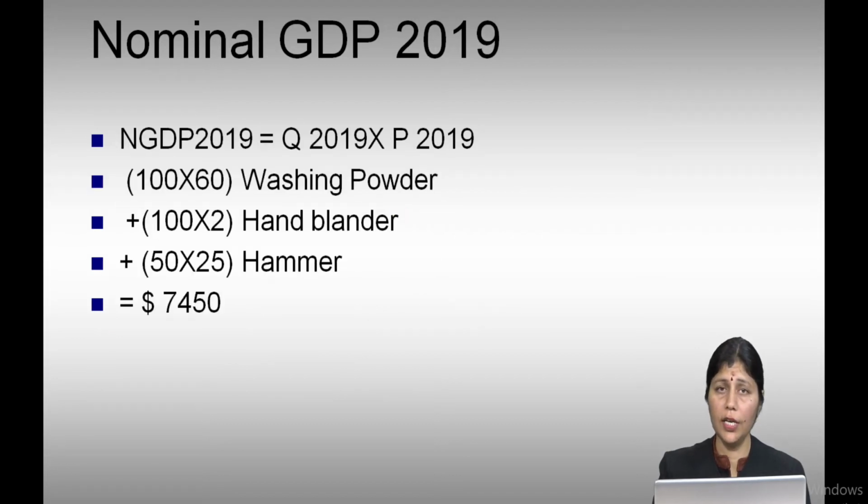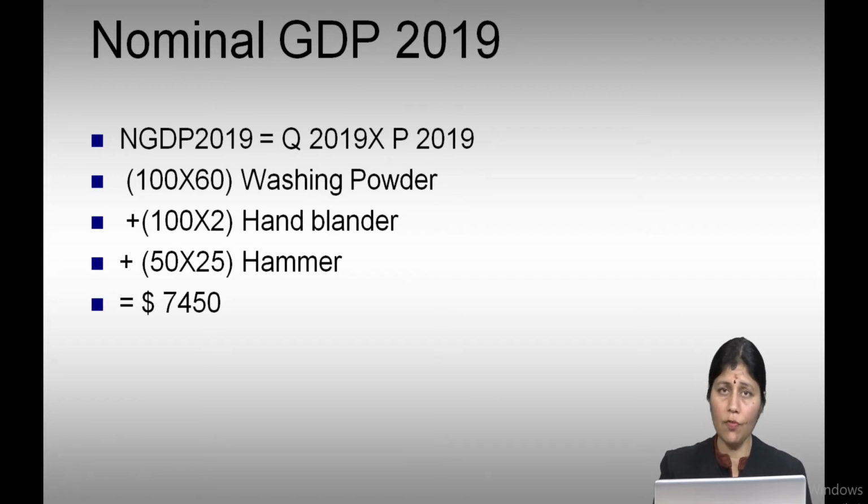Now, come to the next slide. This is nominal GDP 2018, which we calculated in the previous slide, and we have to calculate accordingly for every year. So for nominal GDP 2019, again we multiply the quantity of 2019 by the price of 2019.